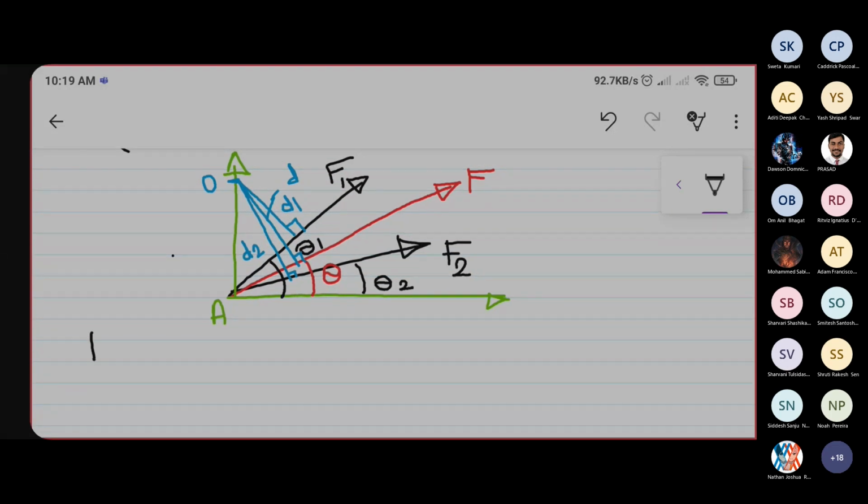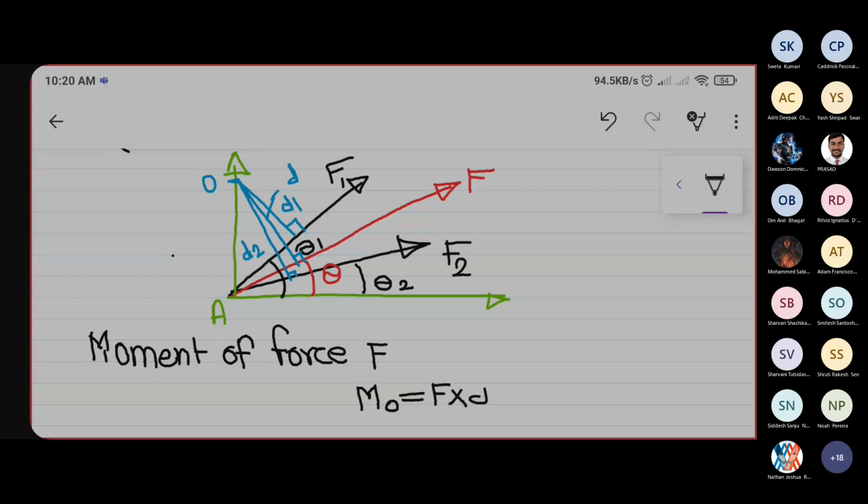Moment of force F about point O, that is equal to the force into the perpendicular distance of point O to F, that is D. Okay, let's draw this simple thing like a triangle.